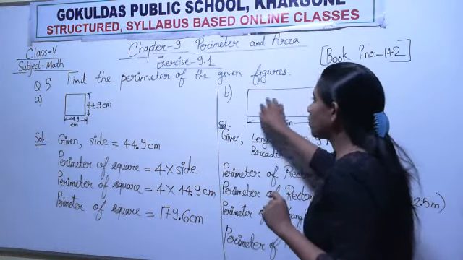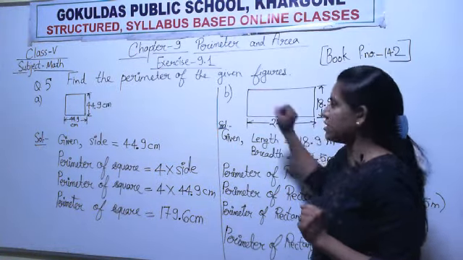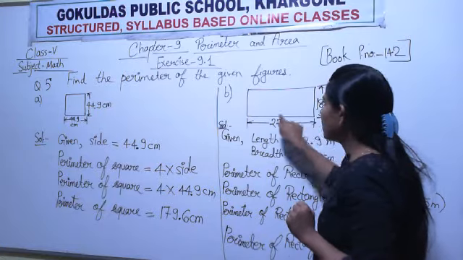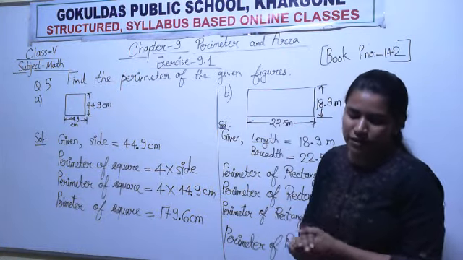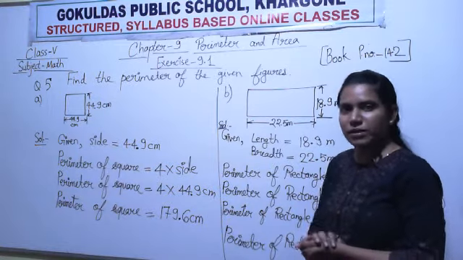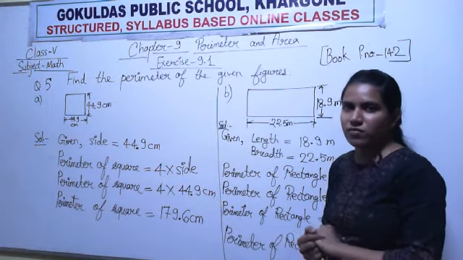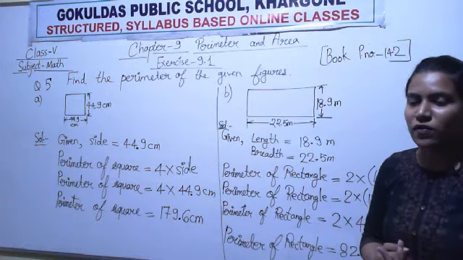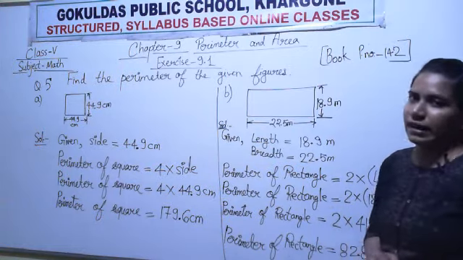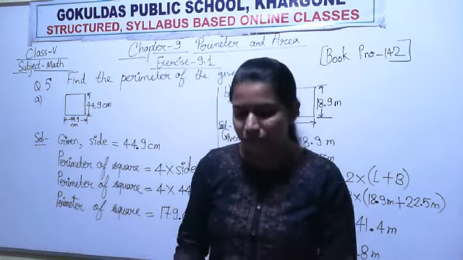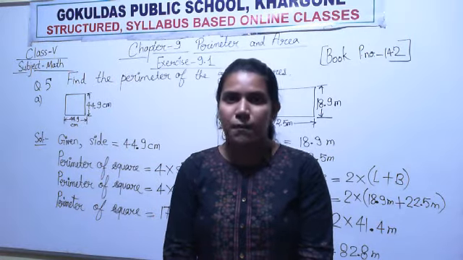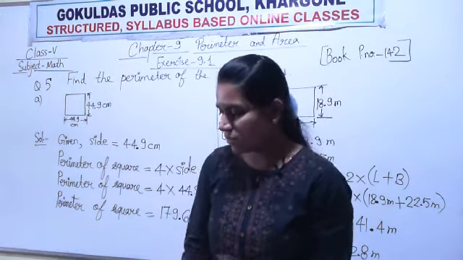We do not talk about the inside part of the shape. We just talk about the length of the boundary, right? So this exercise was based on perimeter. Basically we have discussed the formula of perimeter of a square and perimeter of rectangle, and we can find the perimeter of any shape by adding all its lengths.